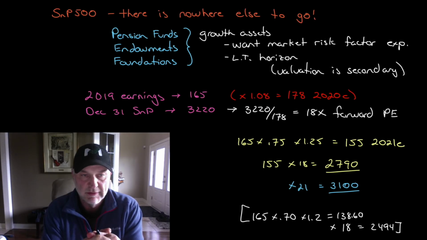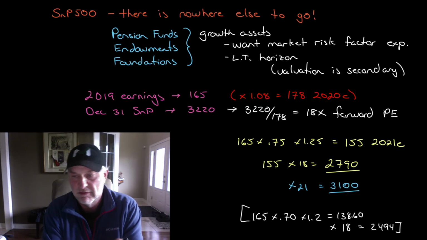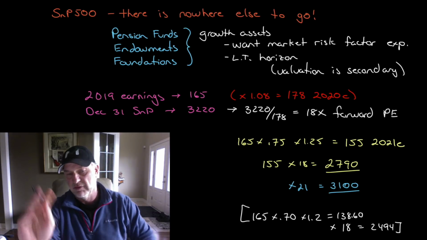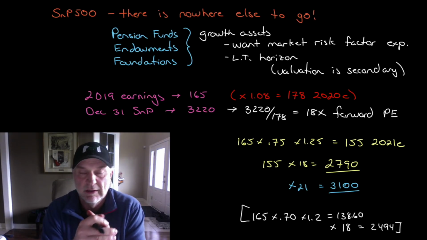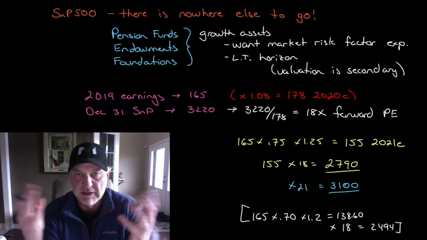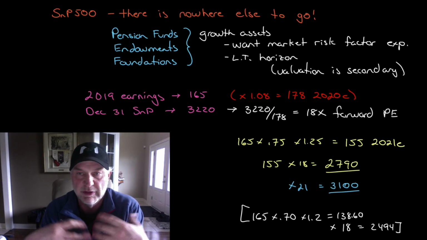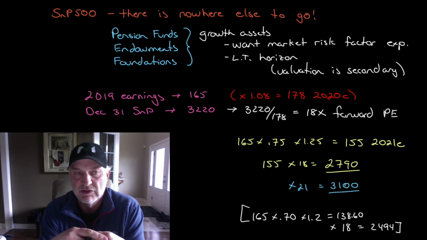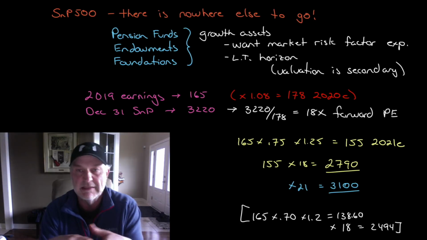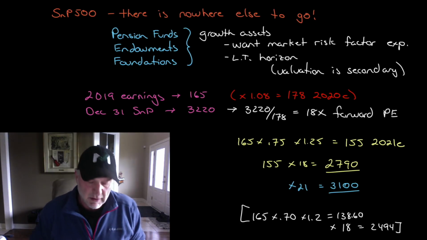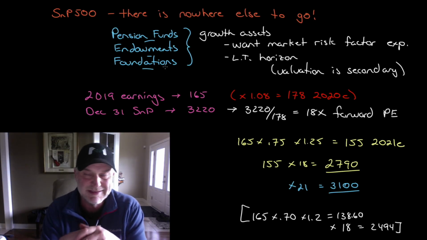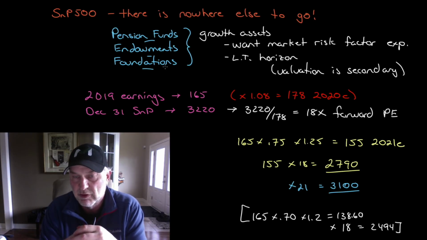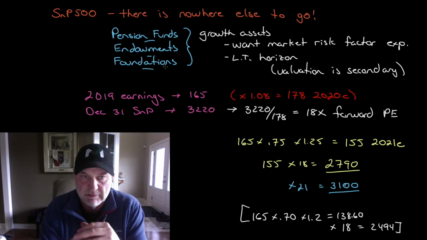All right, to talk about the S&P 500, I'm going to pull in some of the concepts we use at Level 3 in portfolio management, especially institutional portfolio management, and different institutional investors seeking different risk exposures. If we think about pension funds, endowments, and foundations, that represents a lot of money in the market. They need growth assets.